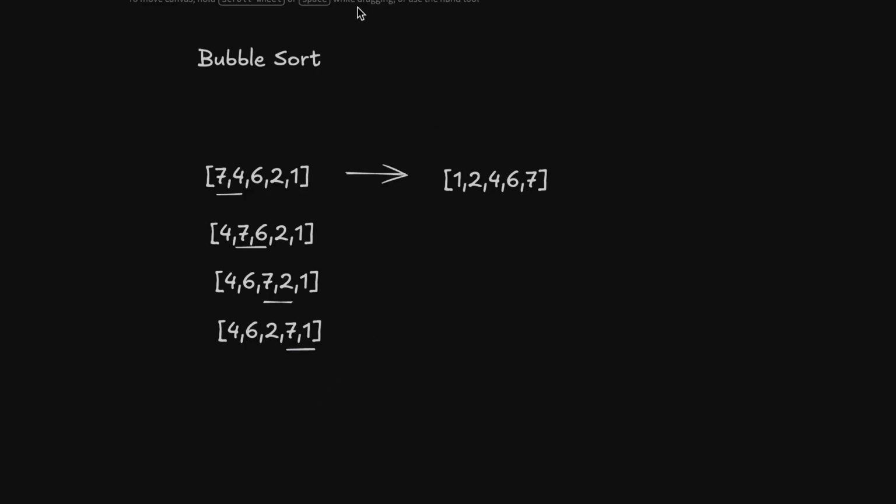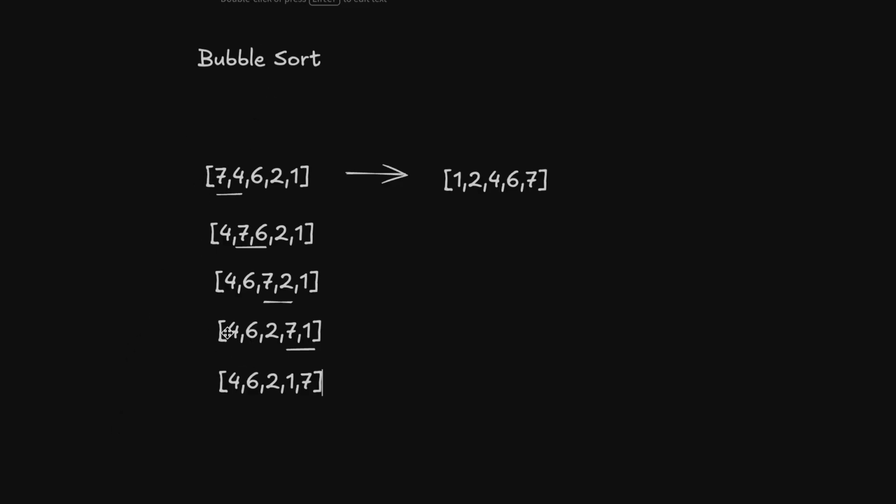Okay, this time what will happen? Again this one is bigger, so we have to swap it, right? Okay, 4, 6, 2, 1 and 7. So the first pass is completed.